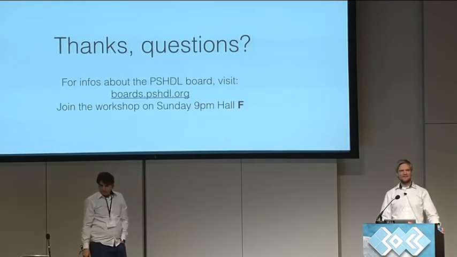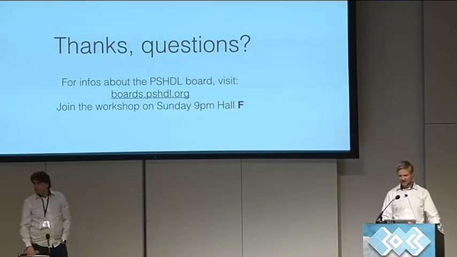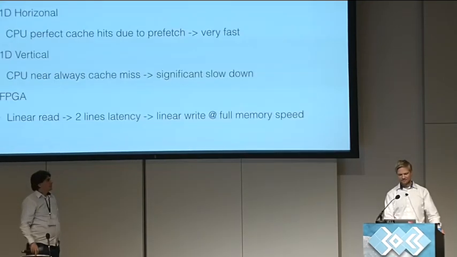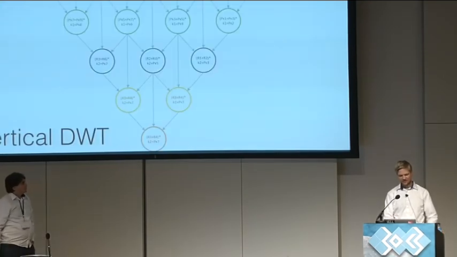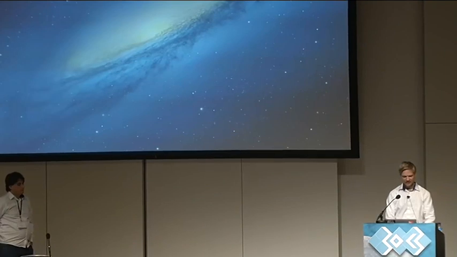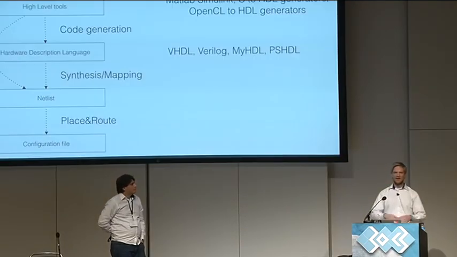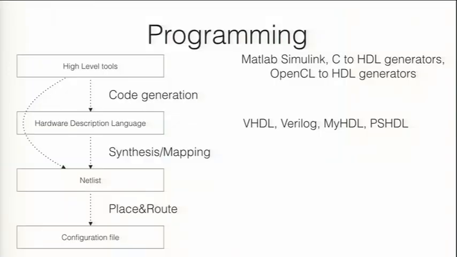Okay. So there are those high-level tools that are actually generating code for you. My experience with the latest Vivado suite, which is the C2 HDL tool that Xilinx offers, is that I wasn't able to get anything useful out of it.